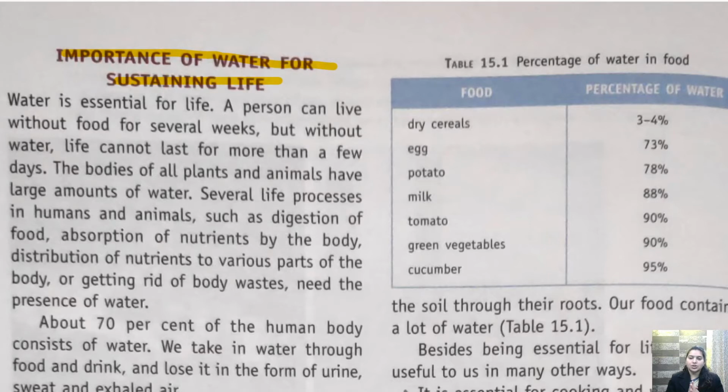So plants also require water, and for what process? For germinating seeds, for germination of fruits, and also for the process of photosynthesis. Water is very essential for that process.